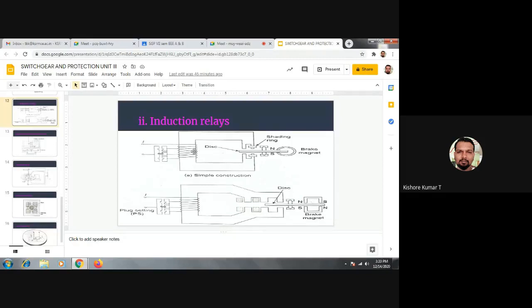So whenever this relay coil is de-energized, that is, when the current drawn by the relay coil is zero or not up to the level of developing torque in the disk, then due to the braking magnet, the disk becomes stationary. That means it will remain in a stationary position. That is the reason for considering this braking magnet.